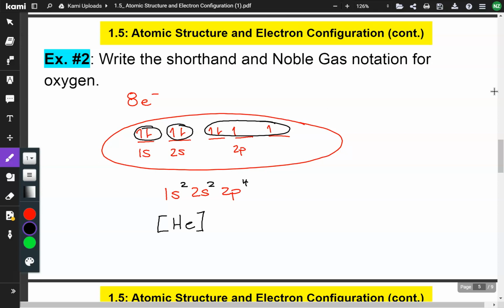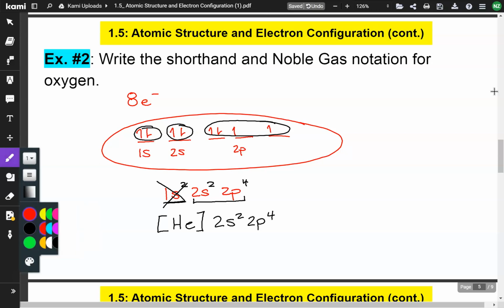Okay, helium is number 2 on the periodic table. So what we're going to do is replace the first 2 electrons with helium. So we're going to pick up from where we left off after those first 2 electrons. I'm going to take this next piece and insert it. So 2s2, 2p4.